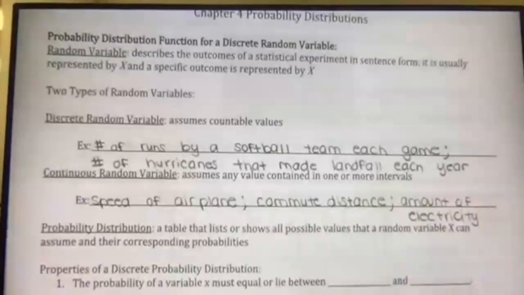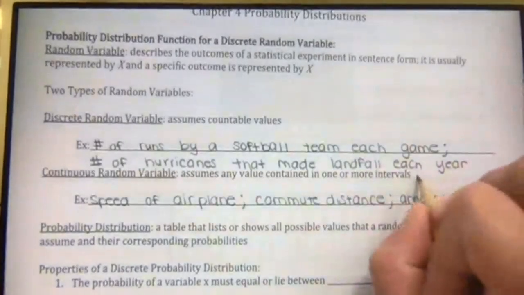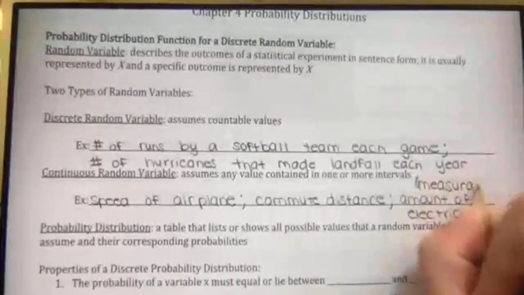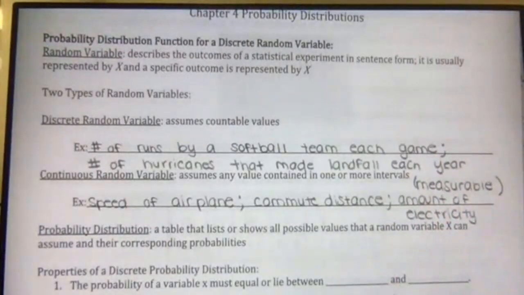So these are all items that are over an interval. So it doesn't have to be a whole number. It could be decimals. They're also measurable. So let's put that here, measurable. Distance, time, money amount, that type of thing.